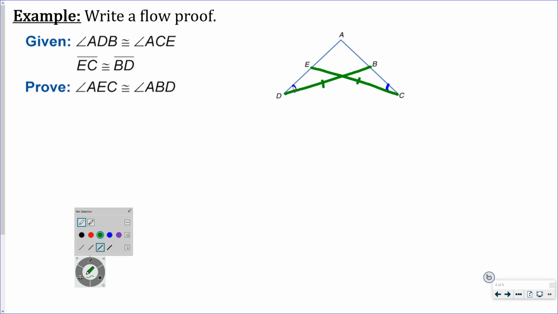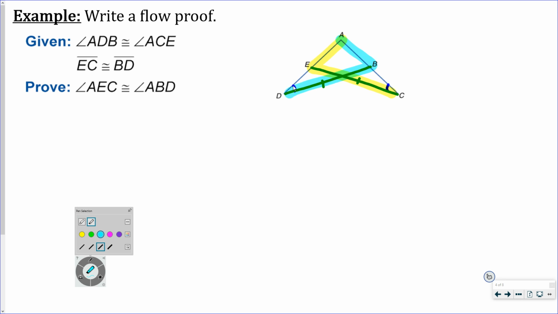Those are congruent. They want me to prove, I'm going to highlight this, angle AEC, that angle right there, is congruent to ABD.